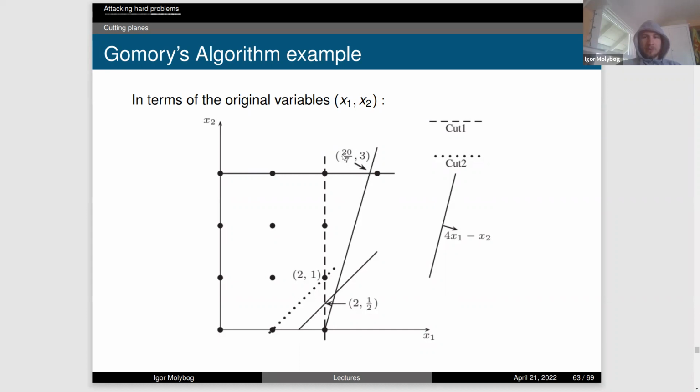In the very beginning, we converged to this point, 20/7, 3. After we added cut number 1, which cuts off the original solution point, our second round of the relaxation converged to this point over here, 2, 1/2. And after we added the corresponding cut, our LP relaxation converged to 2, 1, which is a point over here.